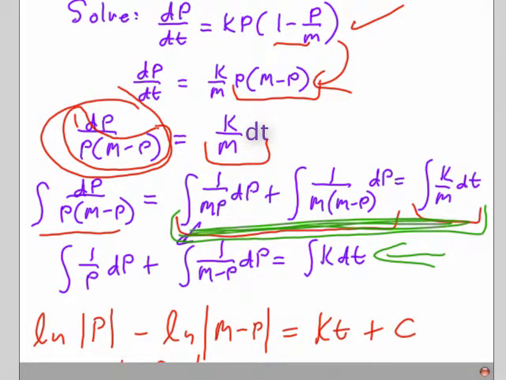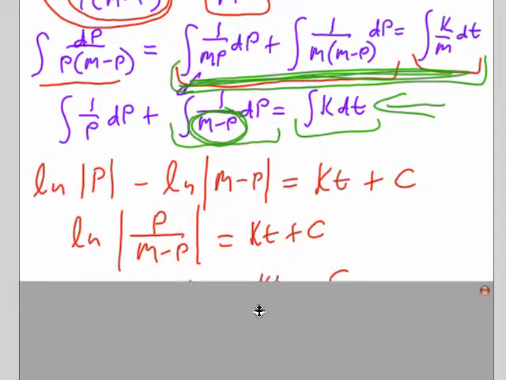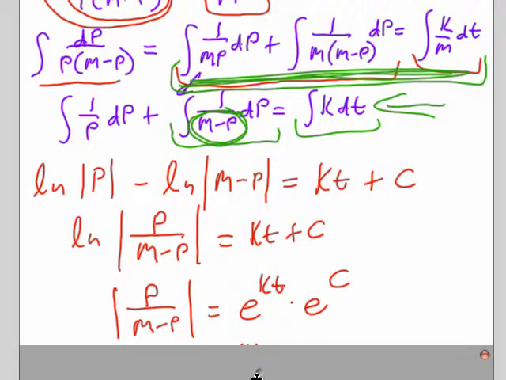ln absolute value P minus, just be careful with this term, there's going to be a u substitution here. M is a constant, remember, P is our variable. There's going to be a negative 1 coming out of our u substitution. So we'll have negative ln absolute value M minus P. Subtract logs, divide the parts. We then raise both sides to the base of e, which becomes this. e and ln knock each other off.